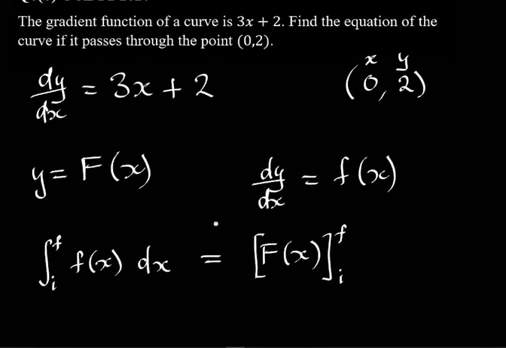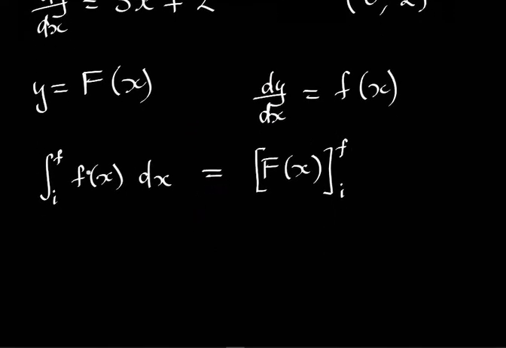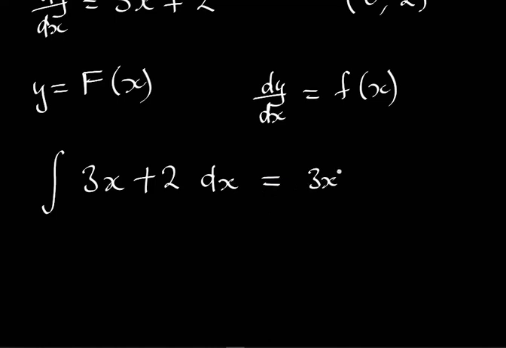What we're going to do here is we're going to integrate this gradient function using an indefinite integral, and that's going to be the integral of 3x plus 2 dx. Notice we don't have any limits, so if we work this out, we're going to have 3x to the power 2 over 2 plus 2x plus c.